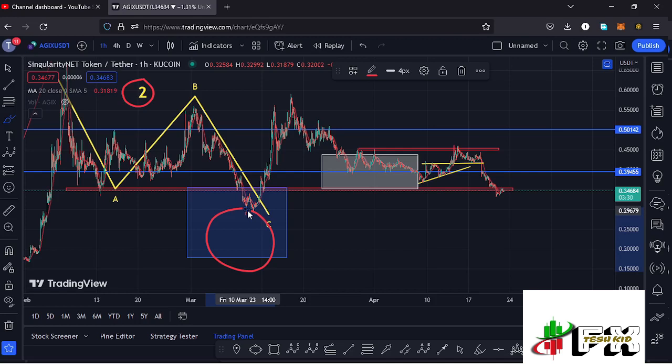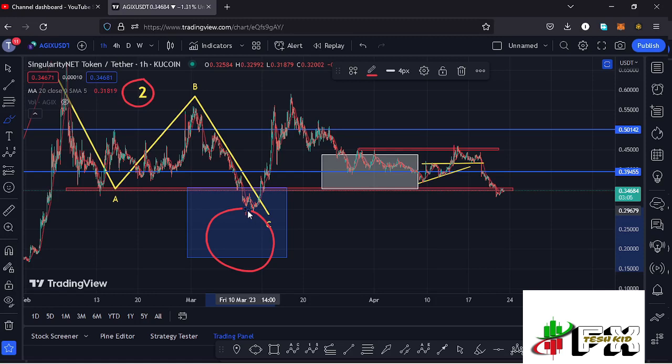So that is what I'm expecting on the AGIX chart on the short-term scenarios and also on the long-term scenarios. And that move of getting one more new low can only play out in case further breakdown continues. But in case we see a reversal from the current prices and continue gearing up, then that will be suggesting a more bullish scenario here on the AGIX chart.